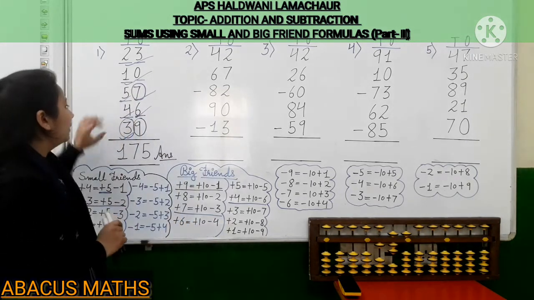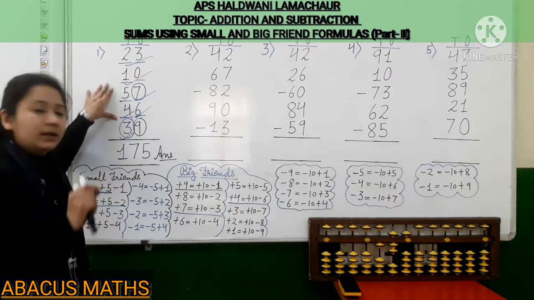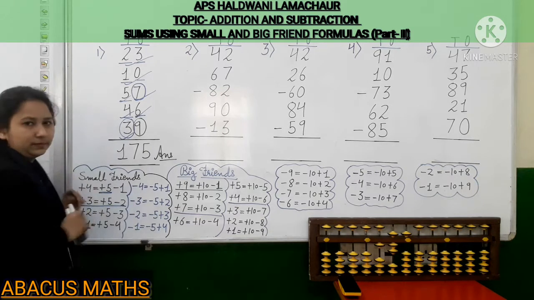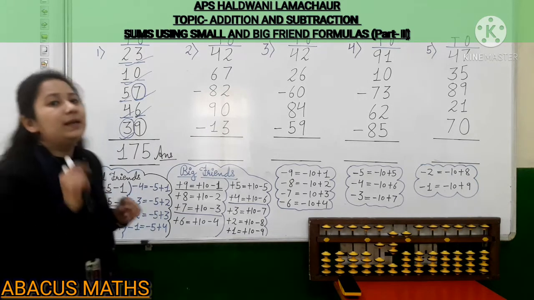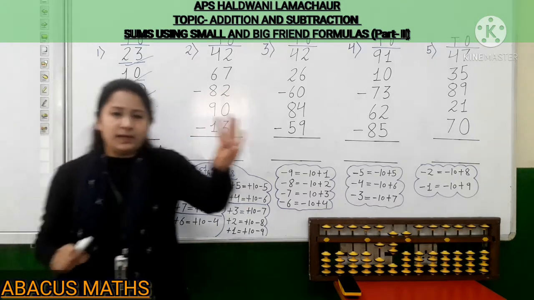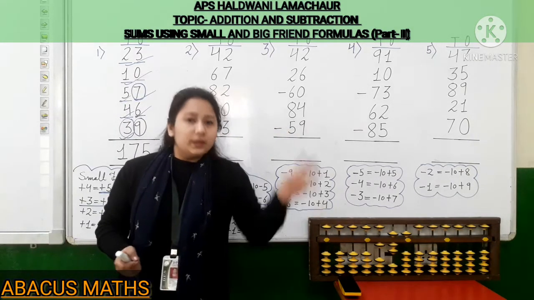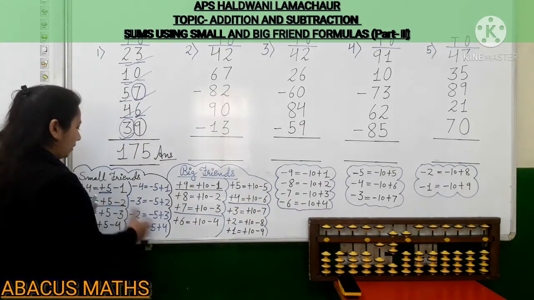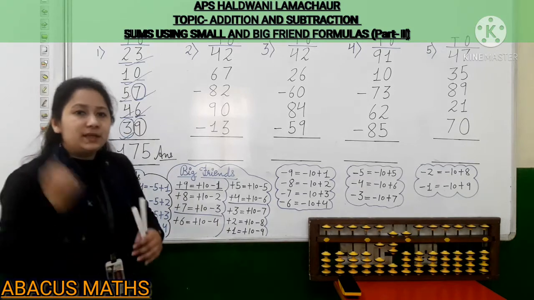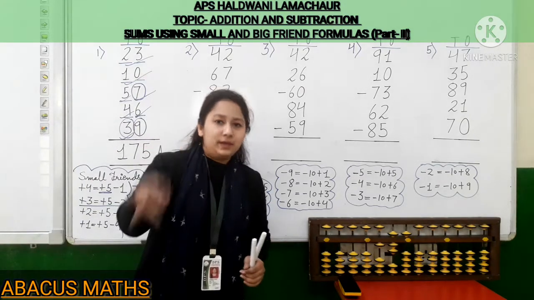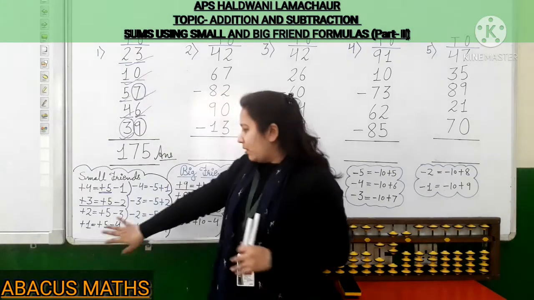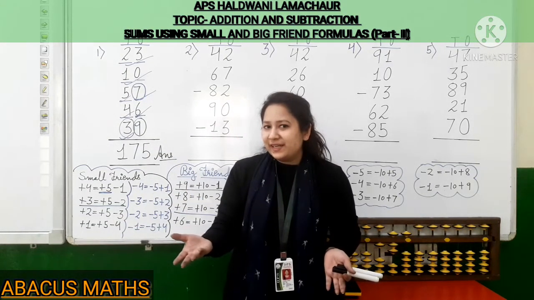Now kids, as you can see, in small friends there are only formulas from 1 to 4. So if you get lack of bead of 1, 2, 3 and 4, either addition or subtraction, then you will check whether you have to apply the small friends or the big friends. But if you get numbers like 5, 6, 7, 8, 9, then directly apply the big friends, because in small friends there is no 5, 6, 7, 8, 9.